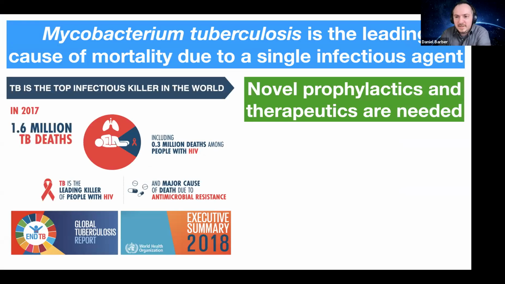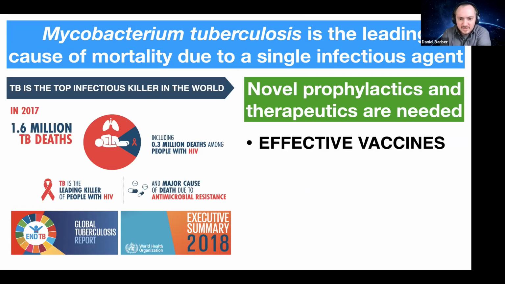I think it goes without saying that there's a great need for the development of novel prophylactics and therapeutics to address the TB problem. The vaccine we have for TB is 100 years old and doesn't work great in preventing tuberculosis in adolescents and adults.